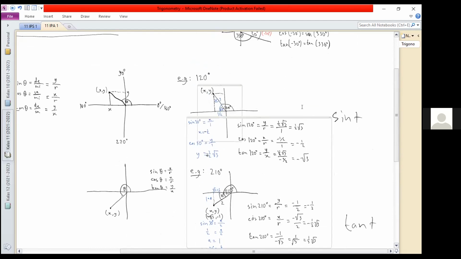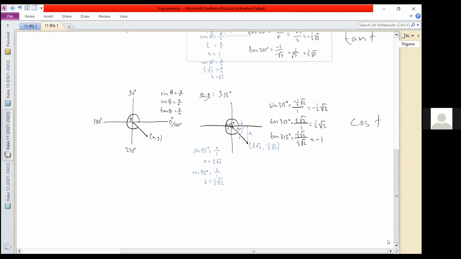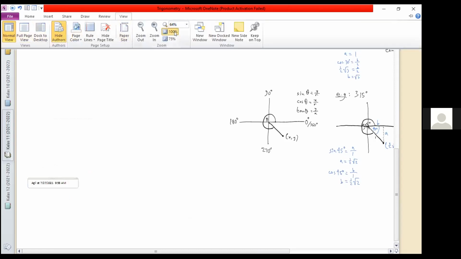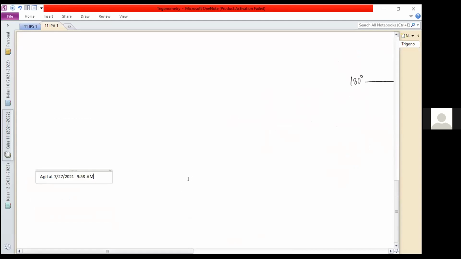This is called a related angle, and that is what we will be talking about now.